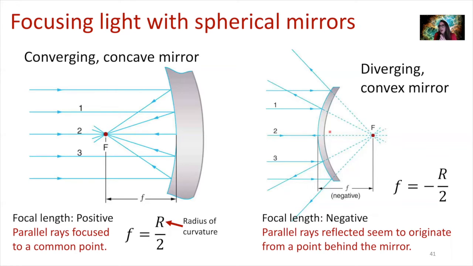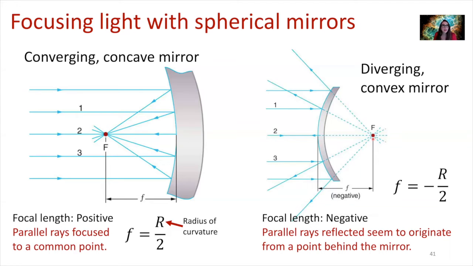So for our diverging mirrors, we have the convention of giving that a negative focal length. The parallel rays coming in are reflected, and these reflected rays seem to originate from a point behind the mirror. If we could draw a line behind the mirror, they would appear to diverge away from this focal point on the backside of the mirror.